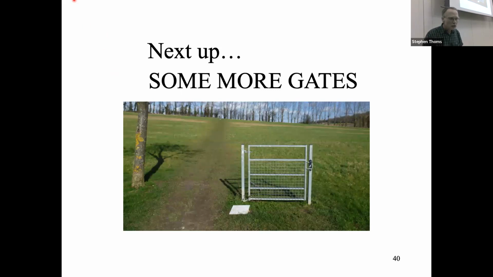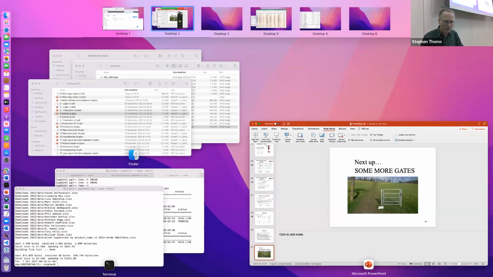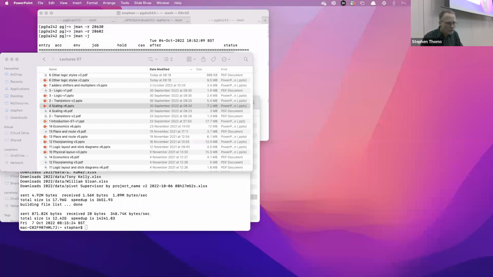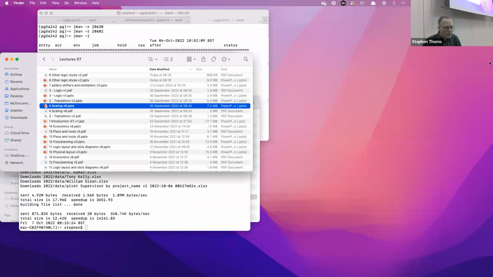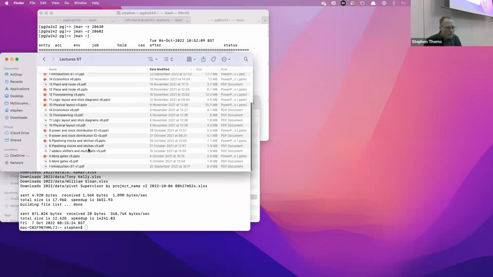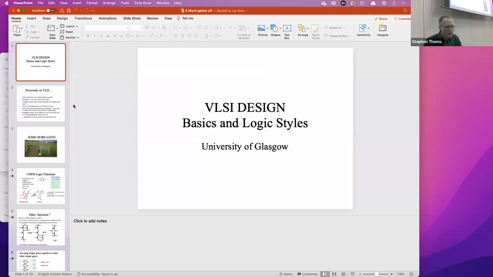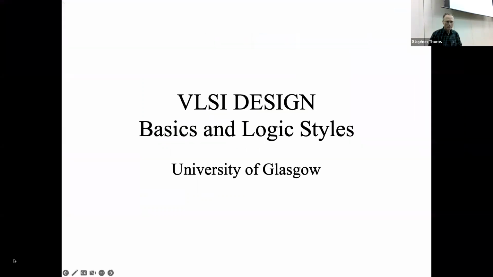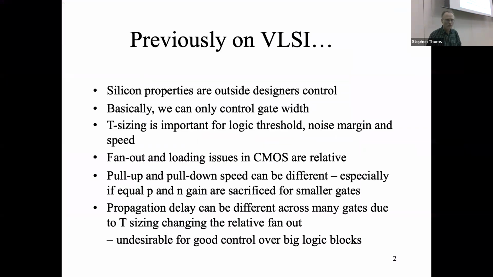Right, I'm going to close this one down and start the next one. Okay, I've just gone through that, so I'm not going through it again.